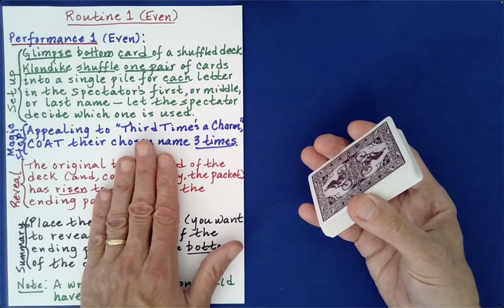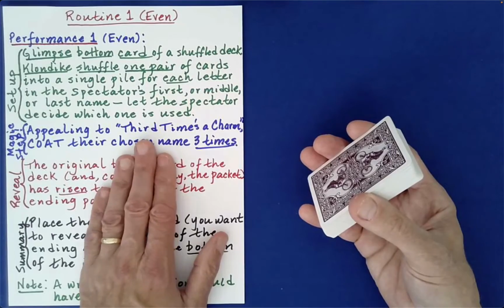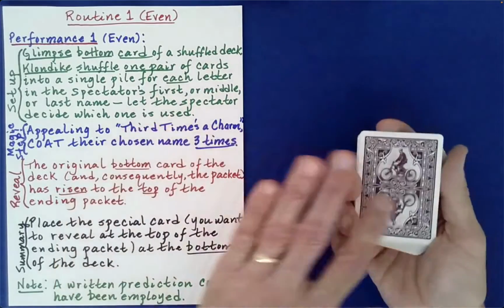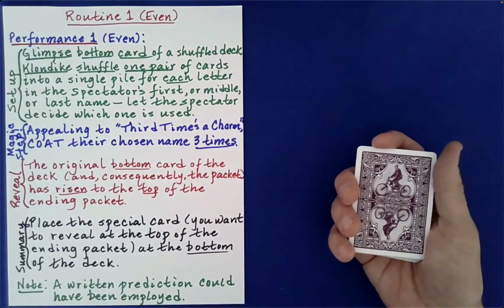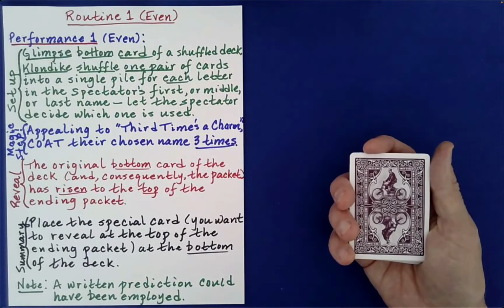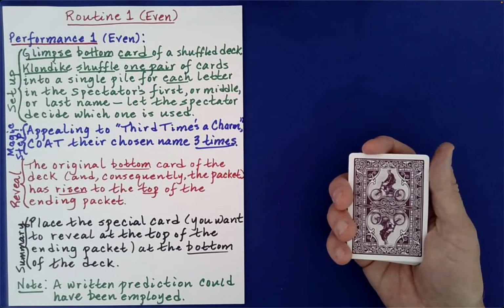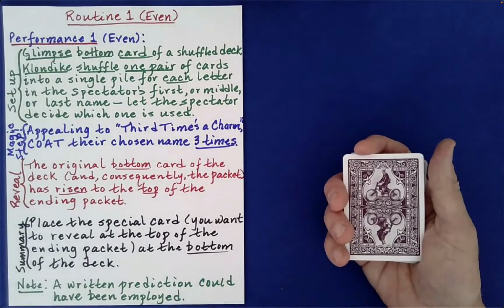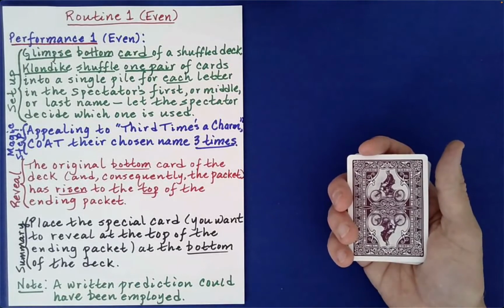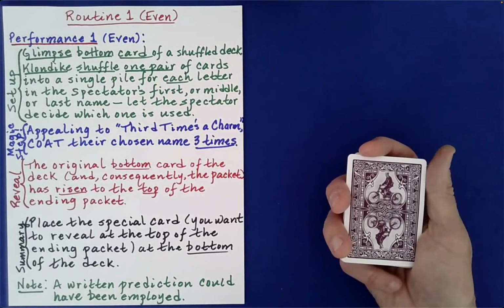And all of those choices, which are made by the spectator, nevertheless bring to the top of the packet a card whose identity you know as the performer. Okay? So this really is an amazing little principle.